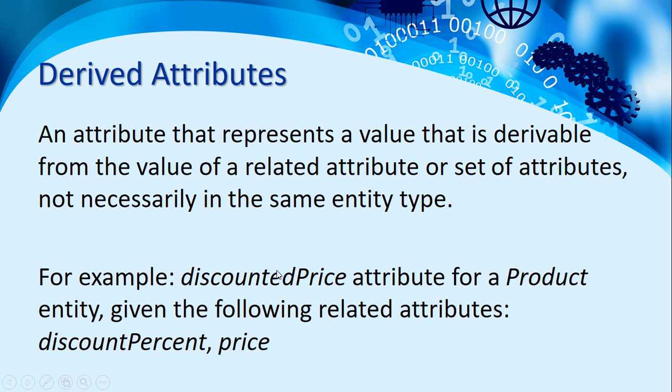Itong 25 pesos, hindi to automatic, hindi to manual na nilalagay mo, in-input mo. This is calculated. No? So, basta any attribute that is a result, resulta ng calculation ng mga related attributes, so that's what we call a derived attribute.